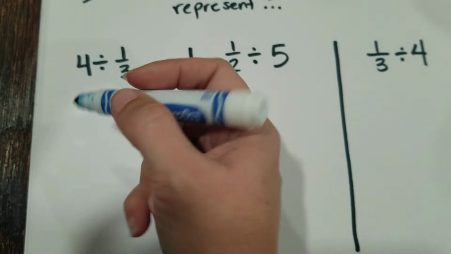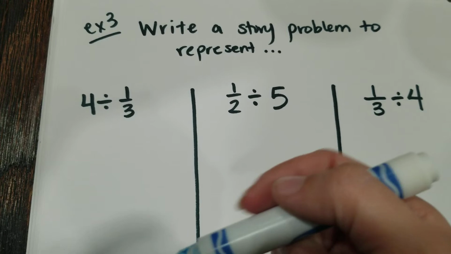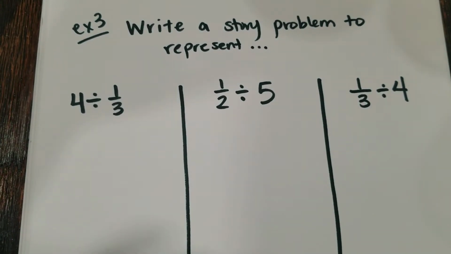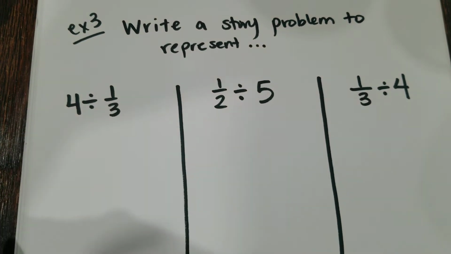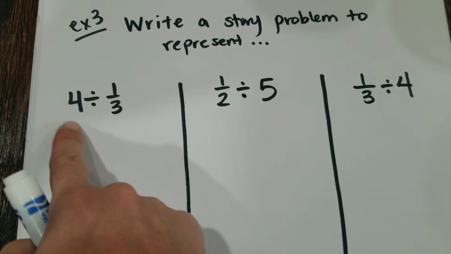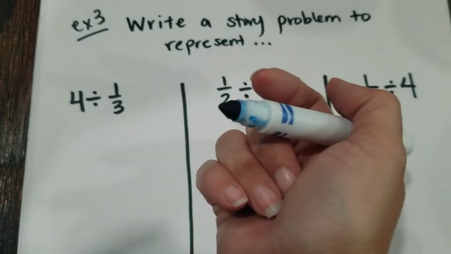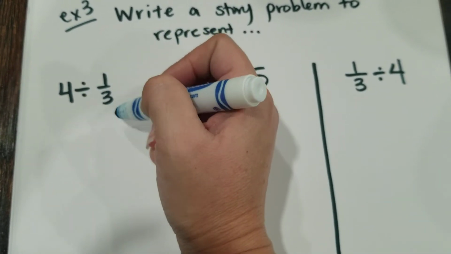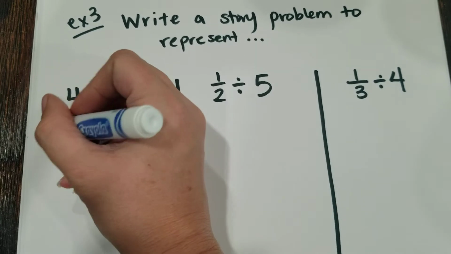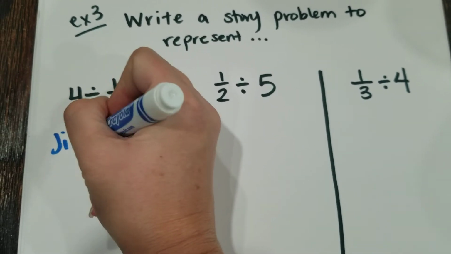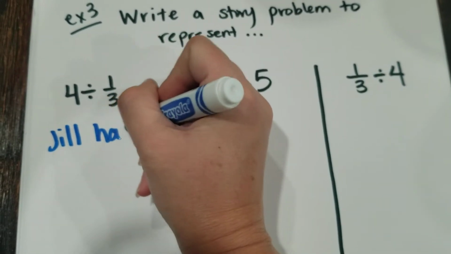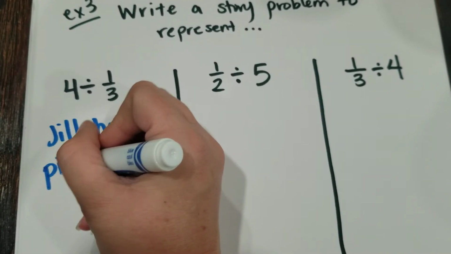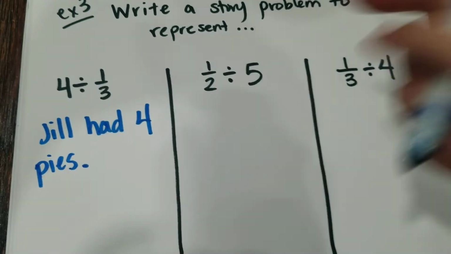Just like when we are reading a story problem and trying to solve it, we have to think about what's being cut up. Well, when we're writing our own story problems, we have to have that first number be the thing that's being cut up. So for this one, I could write about 4 of something being split up into thirds. So I'm going to put Jill, I'm going to make up a name, had 4 pies, yum, yum, pies, and divides.